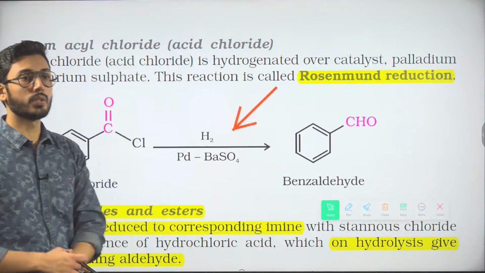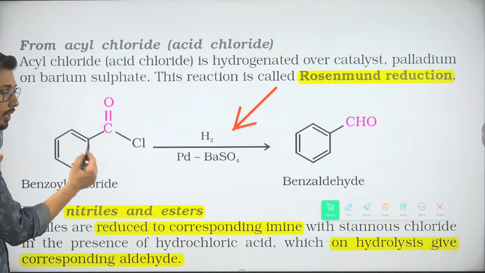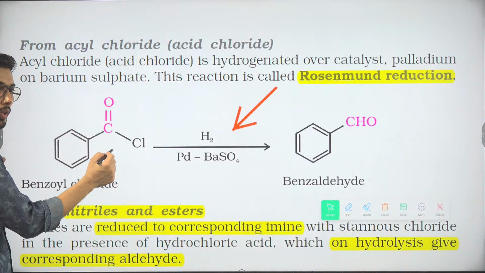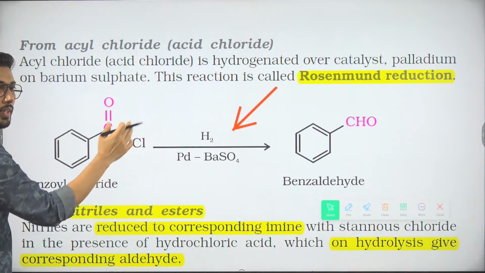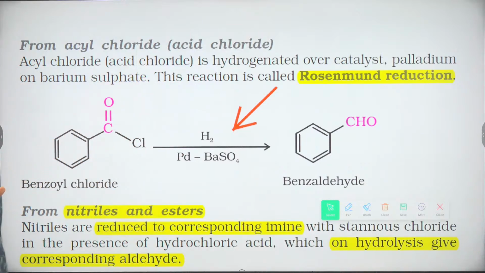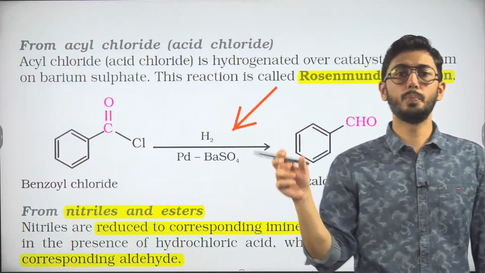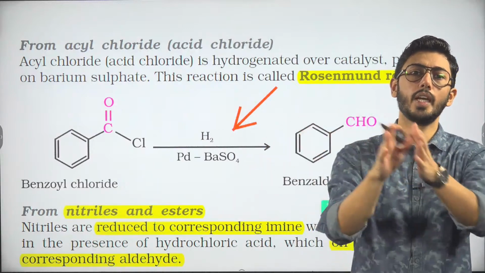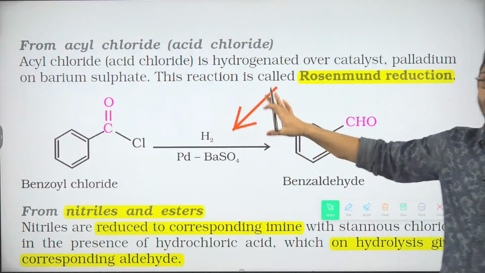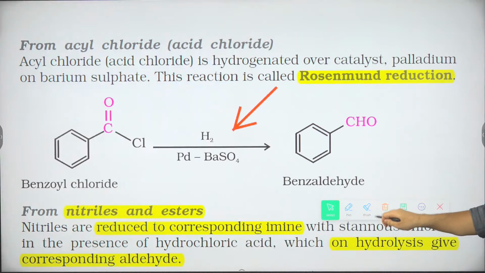This reaction is known as Rosenmund reduction. And what is the reaction? RCOCl. How to remember? Substitute Cl with H, that will give you the answer. In Rosenmund reduction, RCOCl is taken with H2, Pd-BaSO4. So substitute Cl with H, and the answer will be there. This is the basic meaning here for Rosenmund reduction.